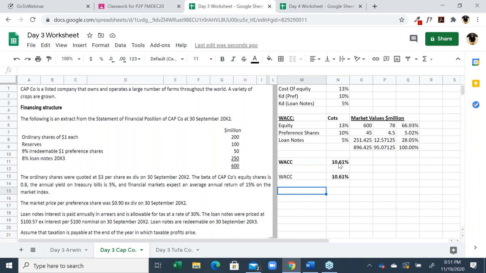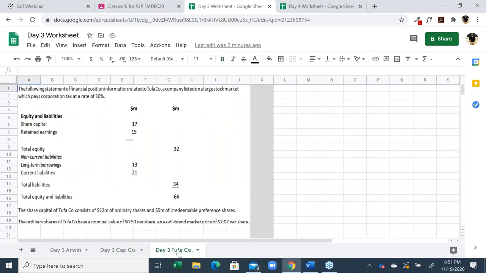So that is how we calculate weighted average cost of capital. And let me move towards the next question. And Hussein, I will just do the same method again in this next question, and hopefully you will understand it. Tufa company.